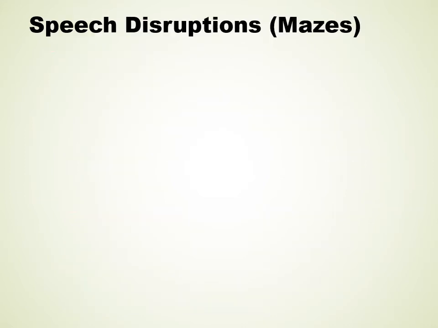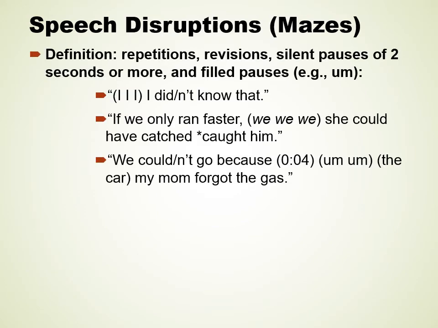Another analysis you might consider completing is a speech disruption or maze analysis. Here are some examples of speech disruptions or mazes: repetitions, revisions, silent pauses of 2 seconds or more, and filled pauses. In the examples below, these utterances are transcribed in SALT. The words in parentheses are not counted when you calculate MLU in the SALT program.